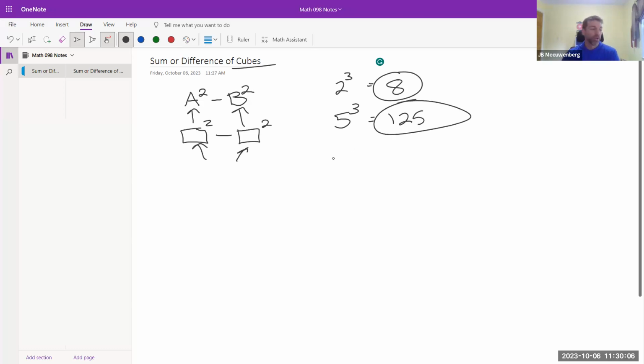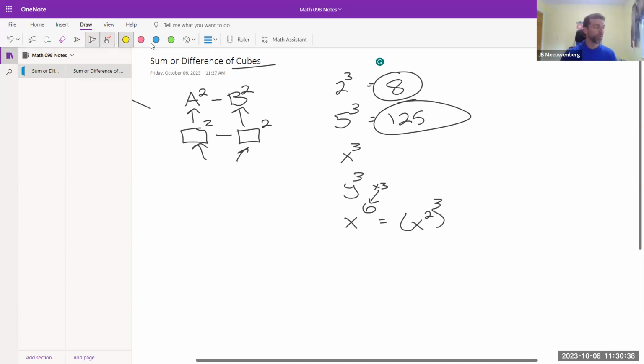If we have a variable in it, it could look like x cubed, because that's just x times x times x, or y cubed, or even, this is an interesting one, x to the 6th technically is a cube, because this is a multiple of 3. Written as a cube, it would be x squared to the 3rd power.